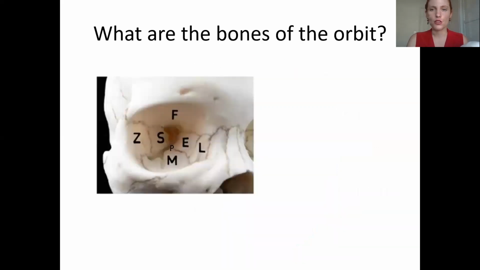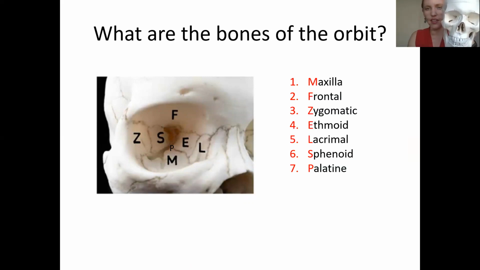So when we look at the eye, let's start with the eye right here. There are quite a lot of bones associated with it, so let's go through them. Let's start with the bottom edge. This bone right here is the maxilla, the top jaw.